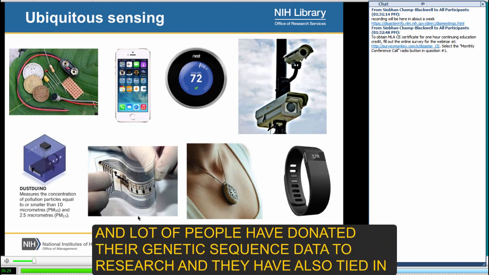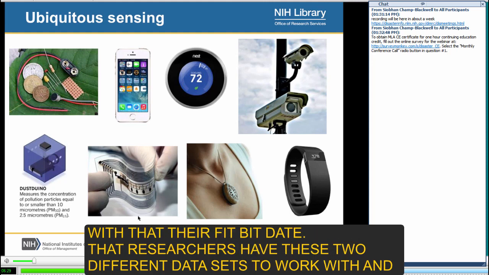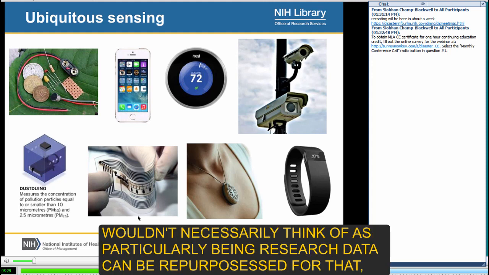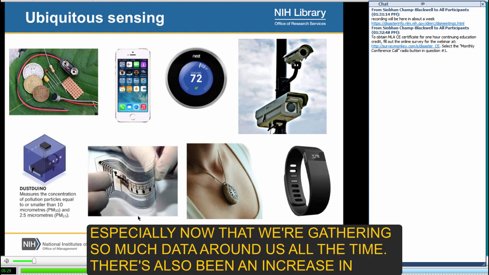A lot of people have donated their genetic sequence data to research, and they have also tied in their Fitbit data. So these researchers have these two different data sets to work with and get information about the people that have donated that data. So a lot of the things that we wouldn't necessarily think of as research data can be repurposed for that, especially now that we're gathering so much data around us all the time.